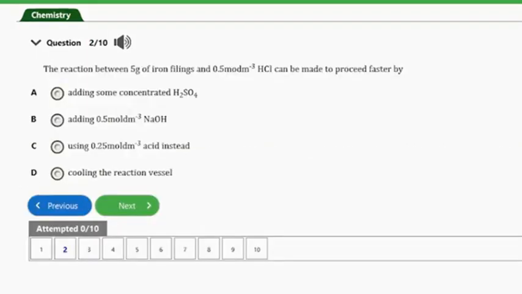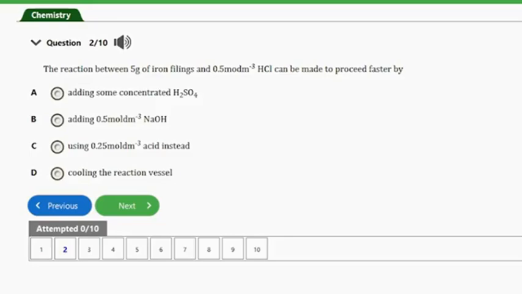Question number 2. It says the reaction between 5 grams of iron filings and 0.5 moles per dm cube of acid can be made to proceed faster by A, adding some concentrated tetroxosulfate(VI) acid, B, adding 0.5 moles per dm cube of sodium hydroxide, C, using 0.25 moles per dm cube of acid instead, and D, cooling the reaction vessel.